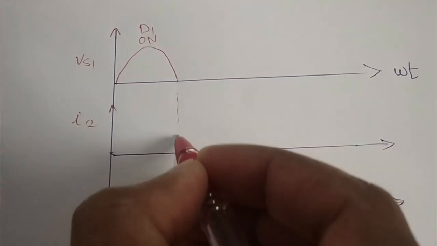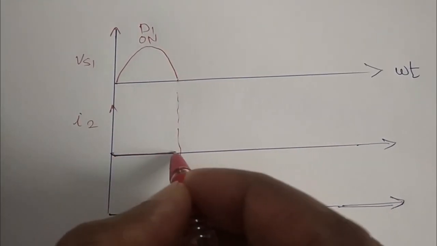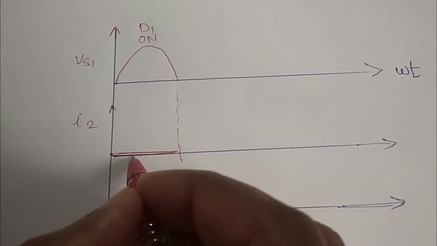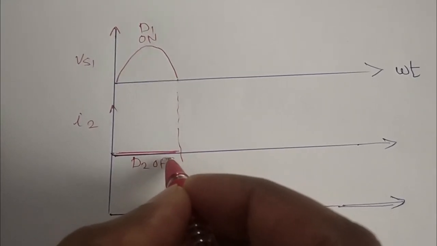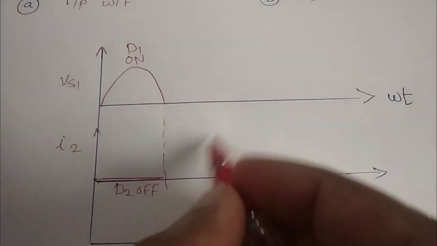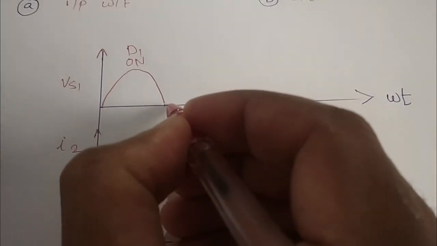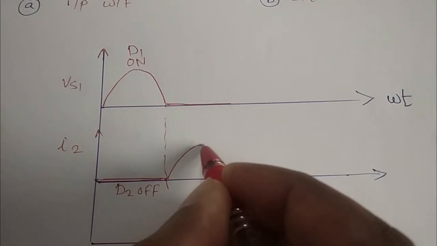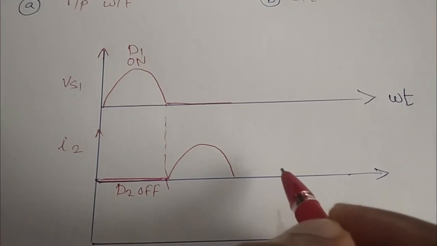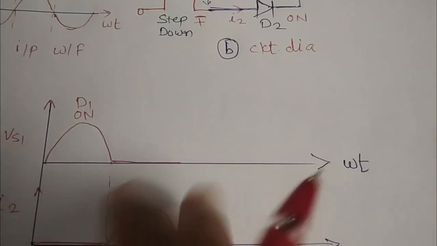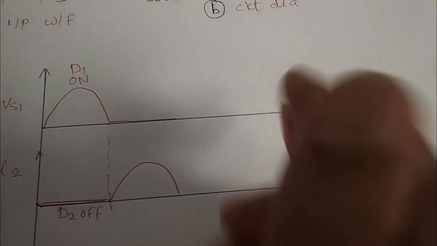Say if you want to calculate I2 for the graph. For the first cycle D1 was on, D2 was off. This line is for D2. And now D1 will be off and D2 will be on. Then again the cycle will rotate. So what you will get then?